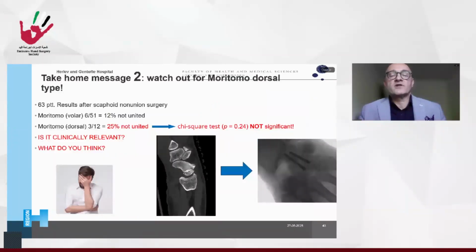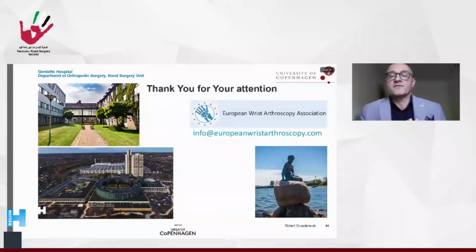And we looked retrospectively at our own series and found that the odds ratio for non-union after surgery was double as high for the Moritomo dorsal type compared with the Moritomo volar type. And it was not significant, of course, but I think it is still very clinically relevant. That's what I had to say about scaphoid non-union.